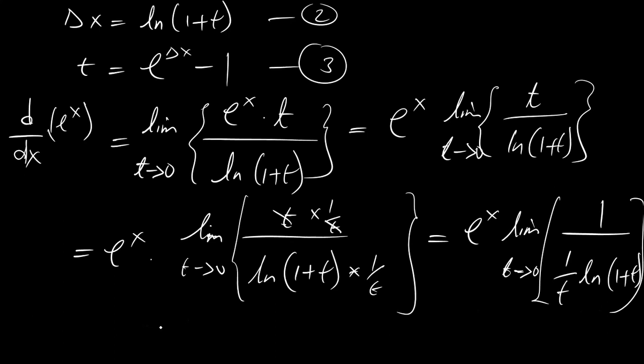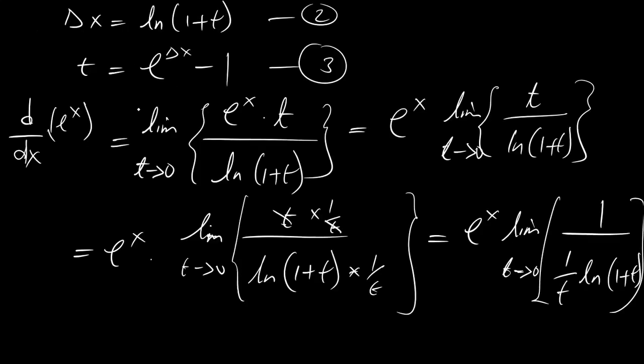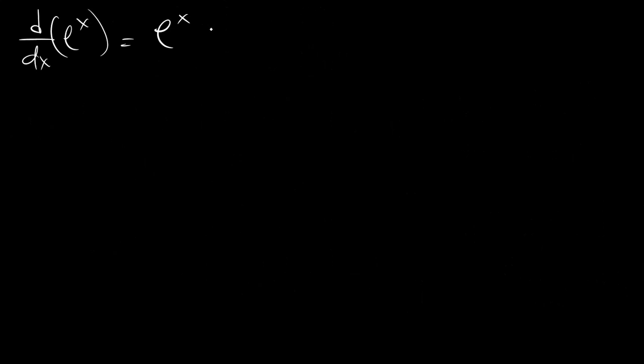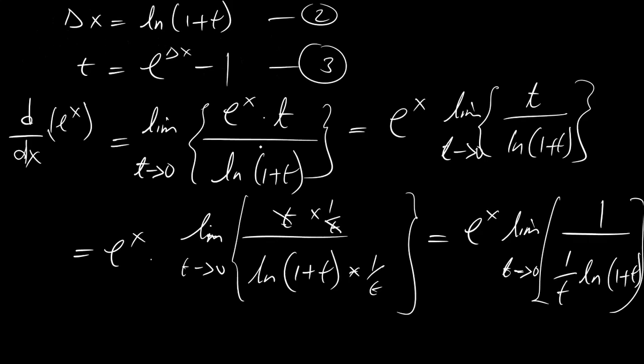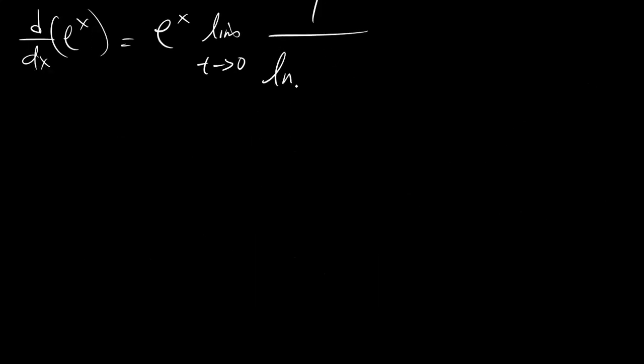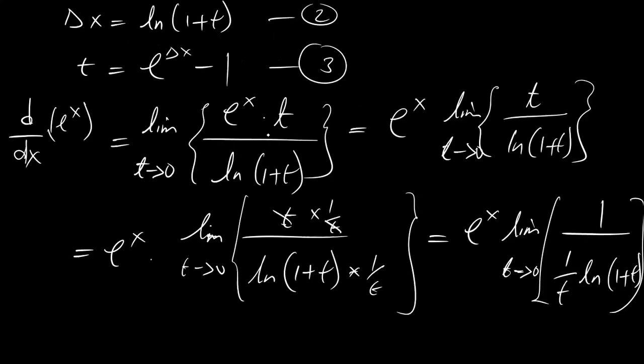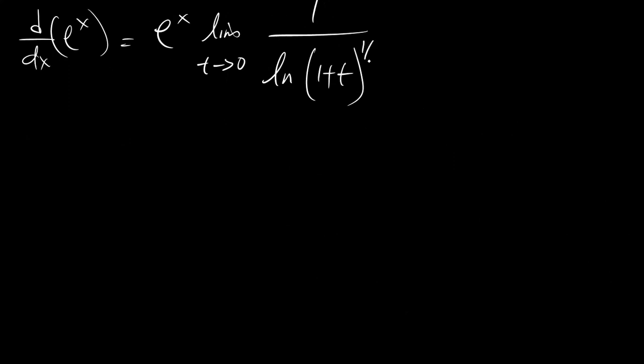So that is it. Having gotten this, we can look at the limits again. Now you have e to the power x times the limit of t tending to 0 of 1 all over ln of (1 + t) raised to the power 1 all over t.